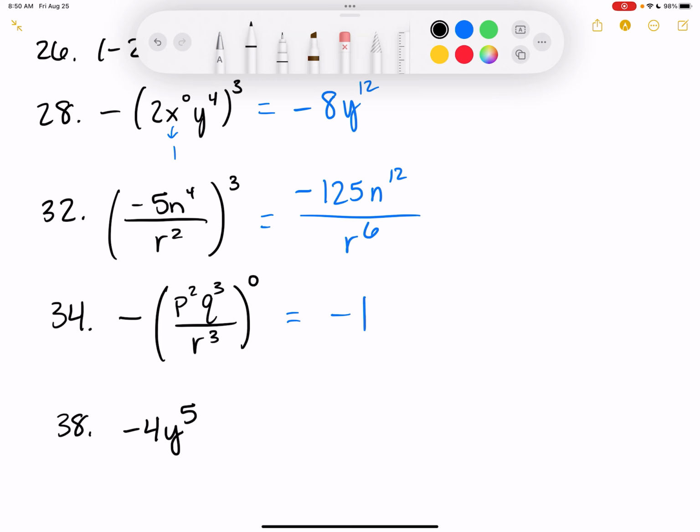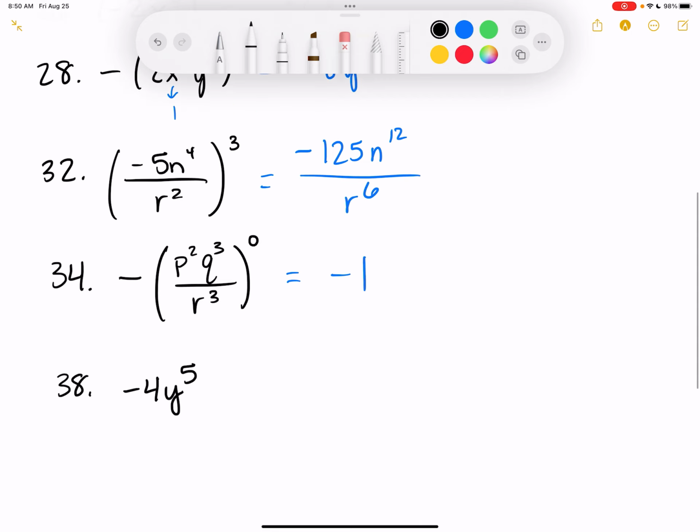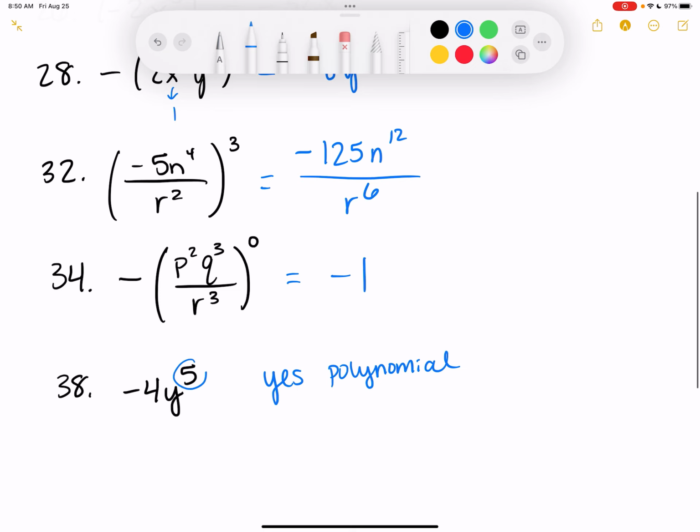So in this case, because this one is just -4y to the 5th, this exponent is just normal. So this one is going to be polynomial. And then when it says the degree, we're looking at the highest powered term. Since there's only 1 term here, we're looking at this to get our degree.